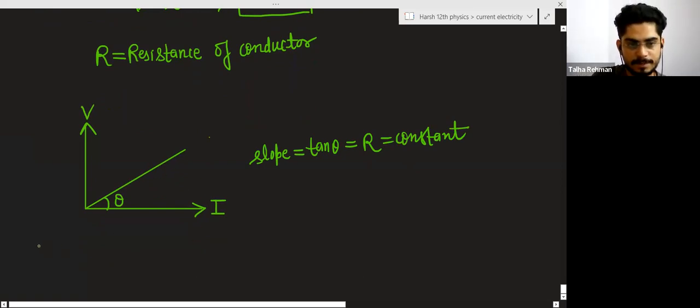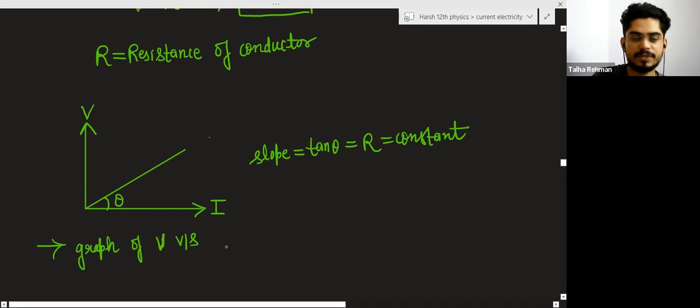So you can say the graph of V versus I, where V is voltage here, or the potential difference, not the velocity.